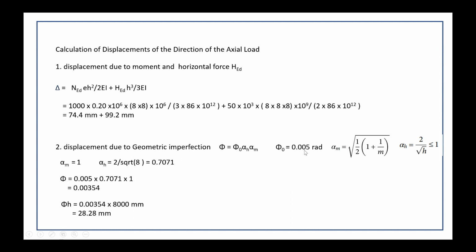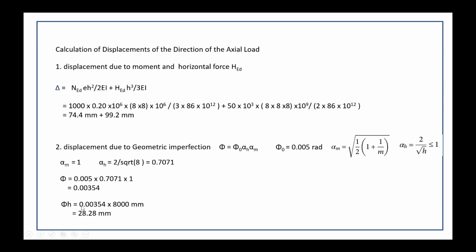After you calculate phi0, alpha m, alpha h, we get the value of phi equal to 0.00354.